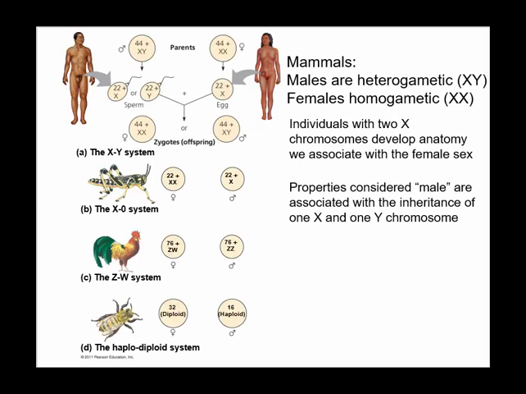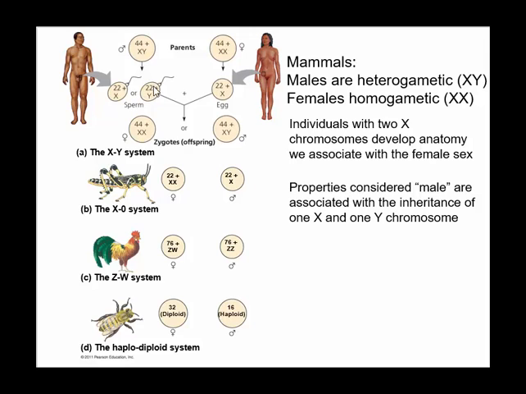All right, I alluded to this before, the idea that the XY chromosome system isn't the only thing going in all of the diversity of life, or sexually reproducing diversity of life. So mammals, like us, males are heterogametic. That means males produce two different kinds of gametes. You've got the 22 autosomes plus an X chromosome, or plus a Y chromosome.